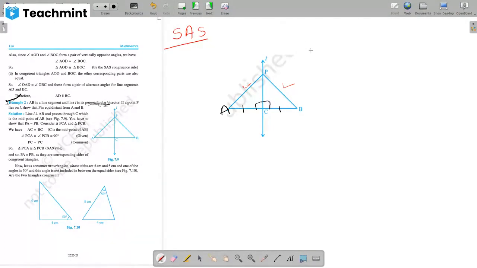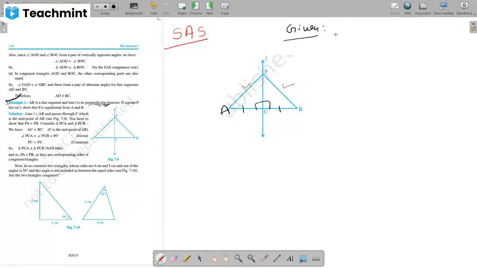So now basically we have to show that AP is equal to BP. Here we will write what is given. L is the perpendicular bisector, which means we are given that AC is equal to BC and this angle is 90 degrees.